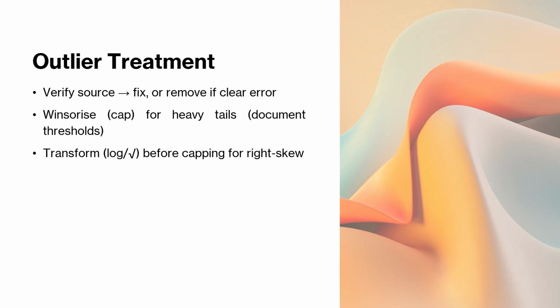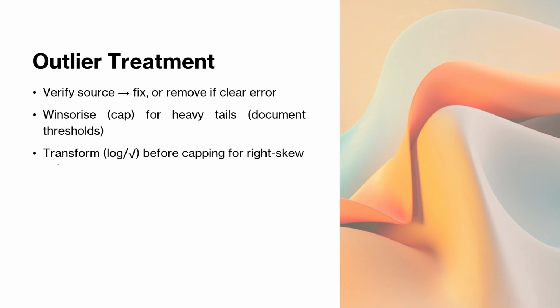Number one, we need to verify the source, as you would have remembered. If it is a data error, you clear the error, you fix it. And then, if an outlier is part of the pattern of the data and it is a genuine outlier, you might decide to winsorize the data, where you put a cap on the values that you have.